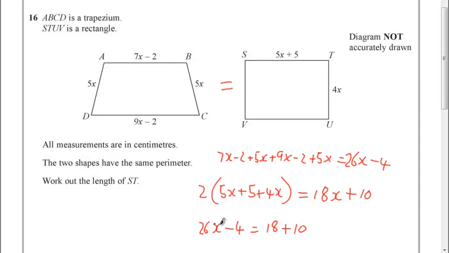Let's get all the x's on one side and all the numbers on the other. So 26x, bring the 18x over, minus the 18x, that's going to equal, bring that minus 4 to this side, 10 plus 4.